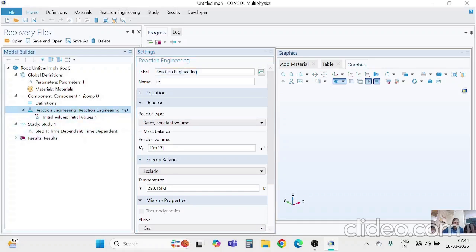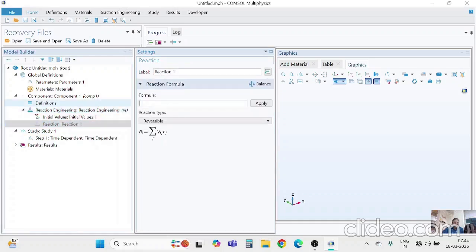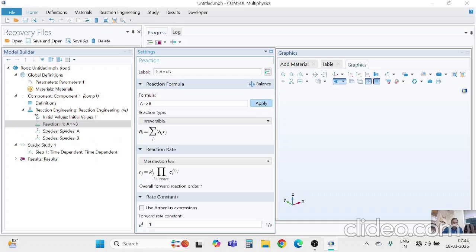So first I create a file as a reaction. The formula for reaction is A gives B, then apply. It's a simple chemical reaction. When A gives B, it is going to be a function of rate constant.